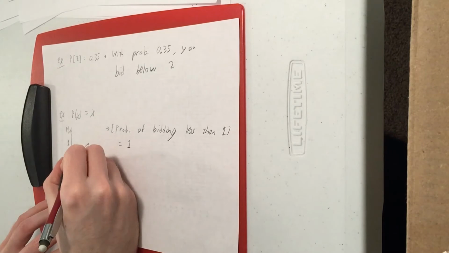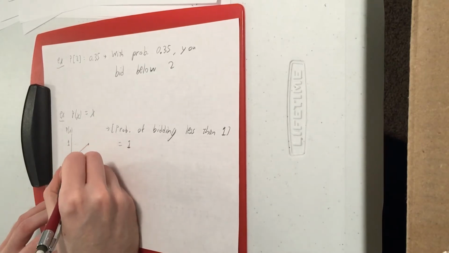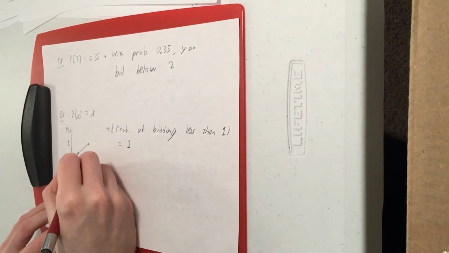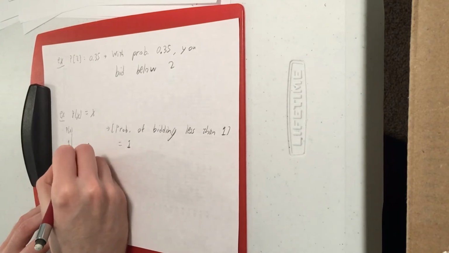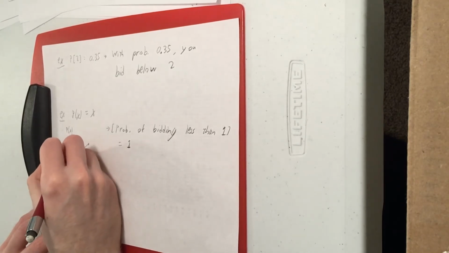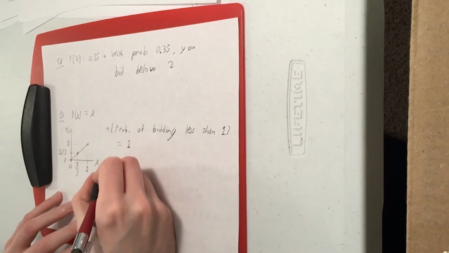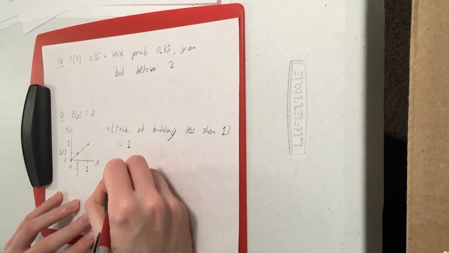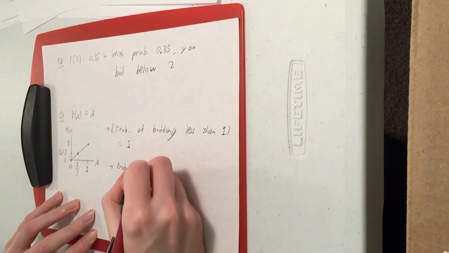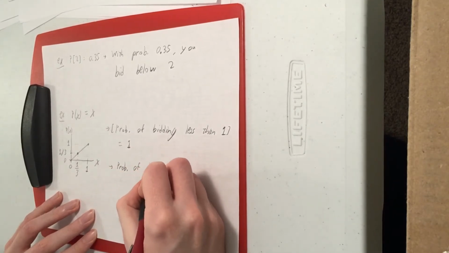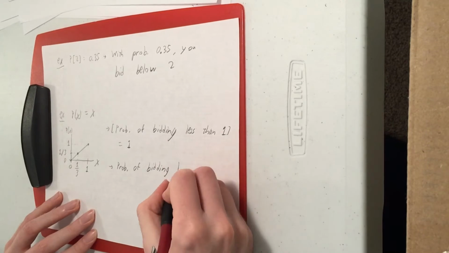Or probability of bidding less than, let's say, a third, put 1/3 over here. Well, it's going to be 1/3. So you can see it's a very, very basic example.